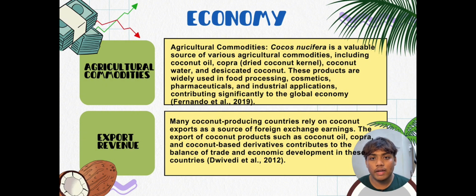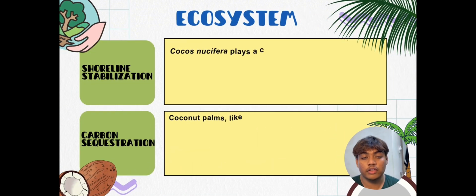The global market for coconut products has grown due to increasing demand for natural and organic products. And from research, in 2022, the Philippines exported coconut products worth approximately $1.3 billion. So next is ecosystem.